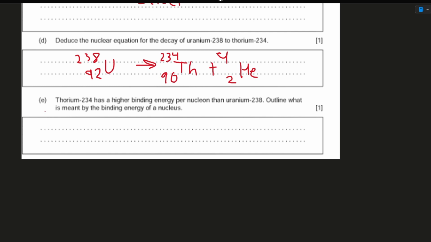And moving on to part E, which says thorium-234 has a higher binding energy per nucleon than uranium-238. Outline what is meant by the binding energy of a nucleus. I'm pretty sure I explained this before, so we can easily define it. So the binding energy, BE, is the energy required to separate a nucleus.